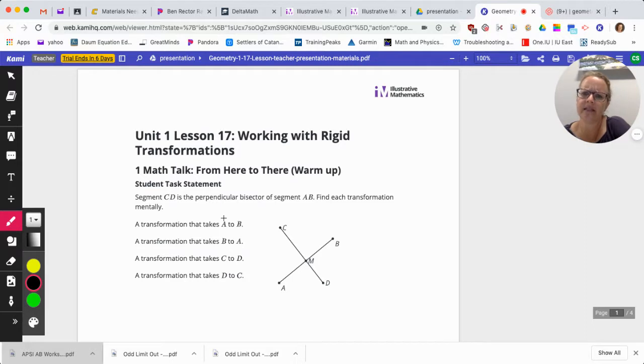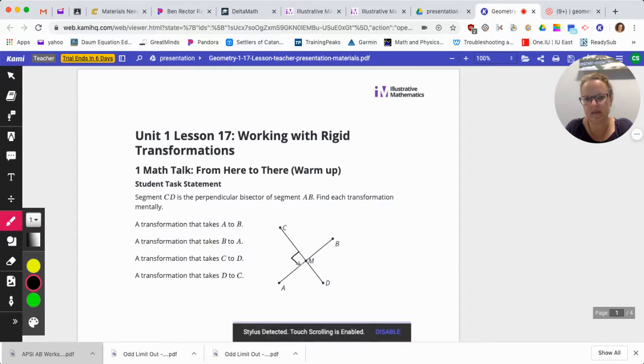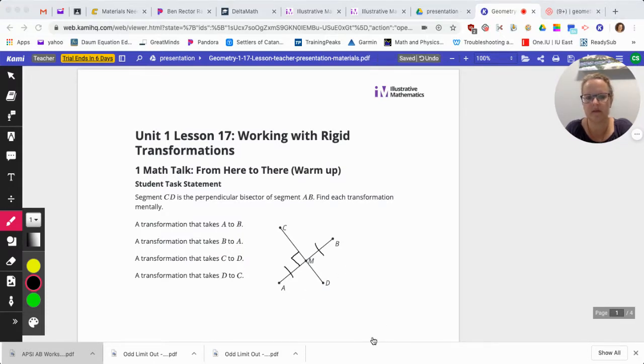Segment CD is the perpendicular bisector of segment AB, which means that they're perpendicular and those are congruent. Find each transformation mentally. Ooh, I like to draw.